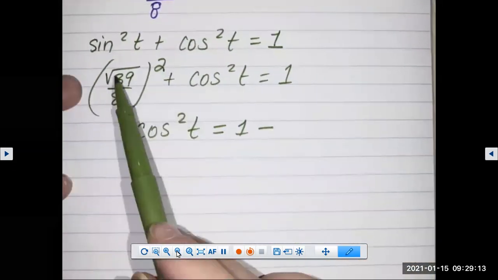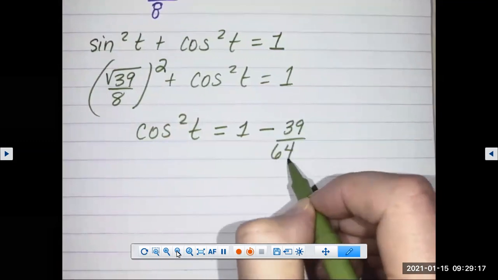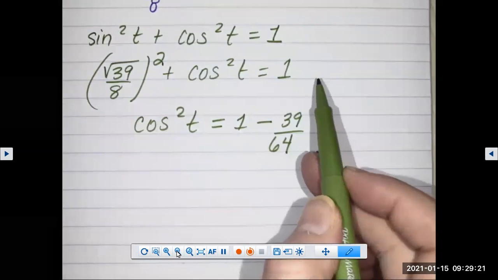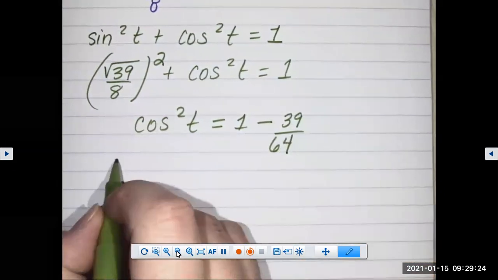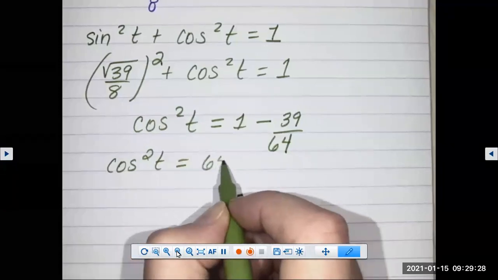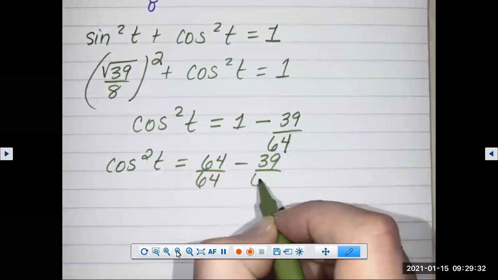Okay, when you square this, it's going to give you 39 over 64, and then subtract it from this side. If you find a common denominator, 1 turns into 64 over 64.